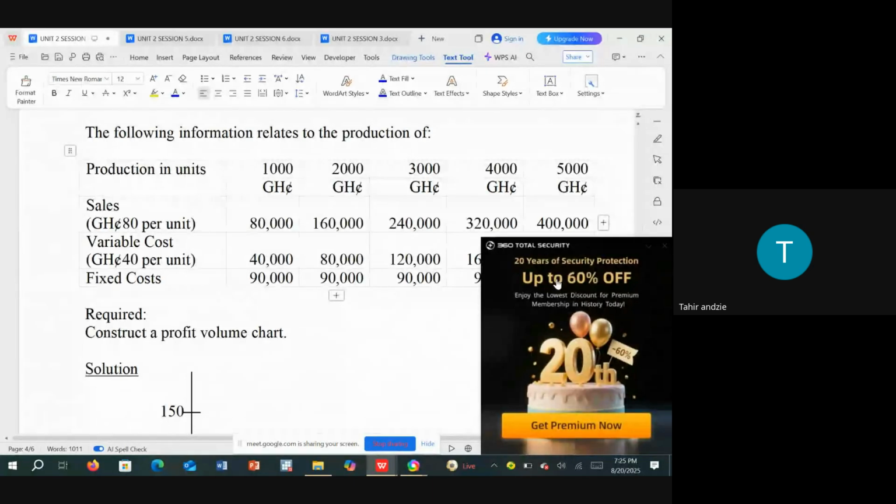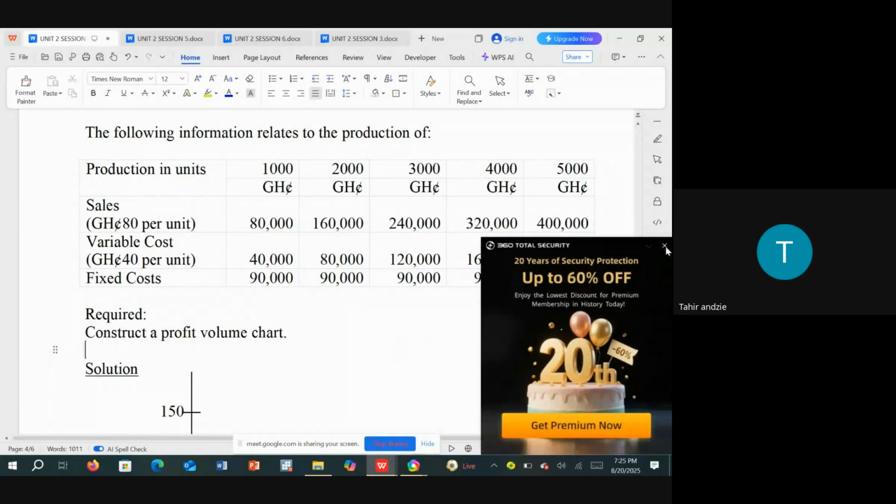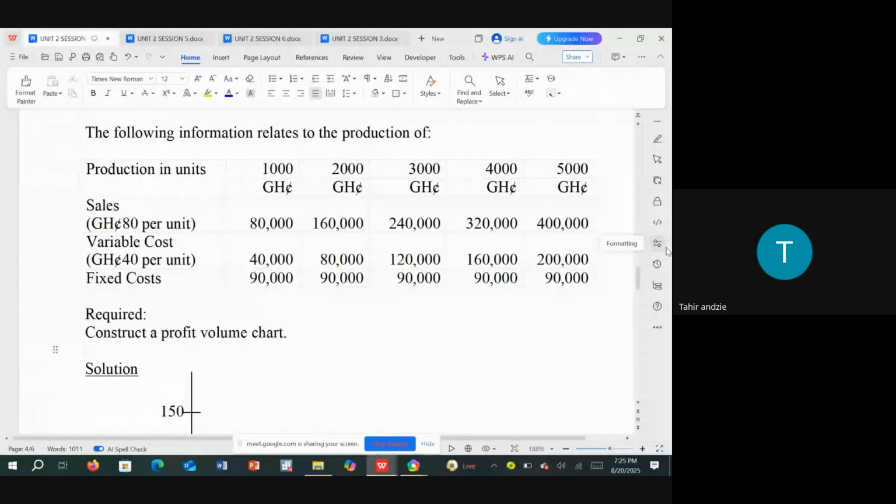Take the 290,000 from the 400,000. 400,000 minus 290,000 gives us 110.